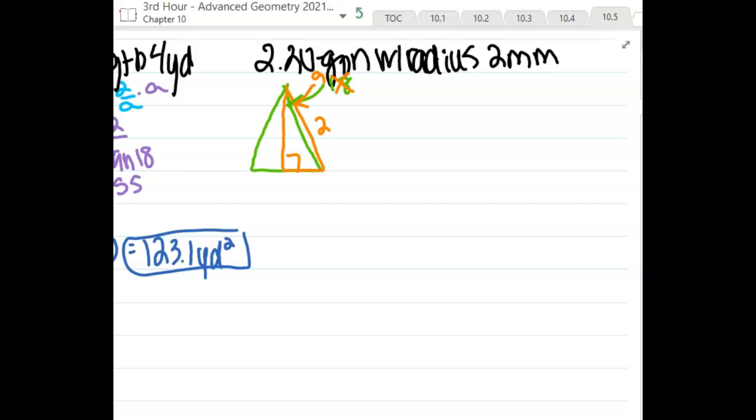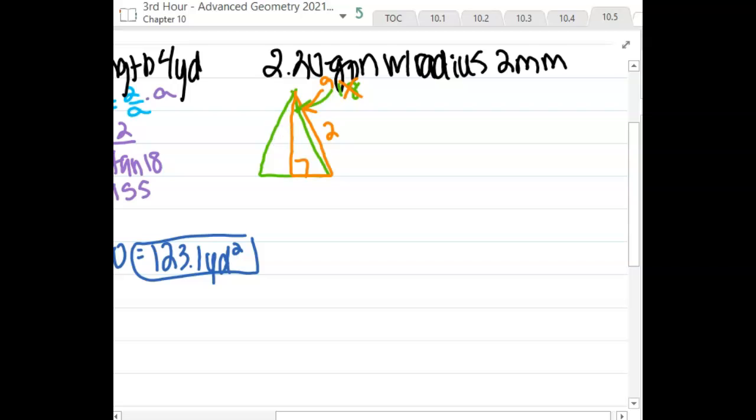Now I know that in order to find the area, I need the apothem. I need that side right there. Now this time, if I look in relation to the 9-degree angle, the apothem's the adjacent. I don't have the opposite this time. I have adjacent and hypotenuse, which is which of these ratios? Which has AH. Cosine.